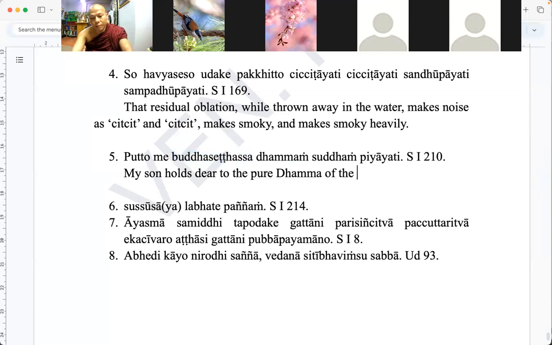So that means holds dear to, loves or appreciates or is pleased with. So my son holds dear to the pure Dhamma of the greatest Buddha. That means the pure Dhamma of the greatest Buddha pleased my son in this way.